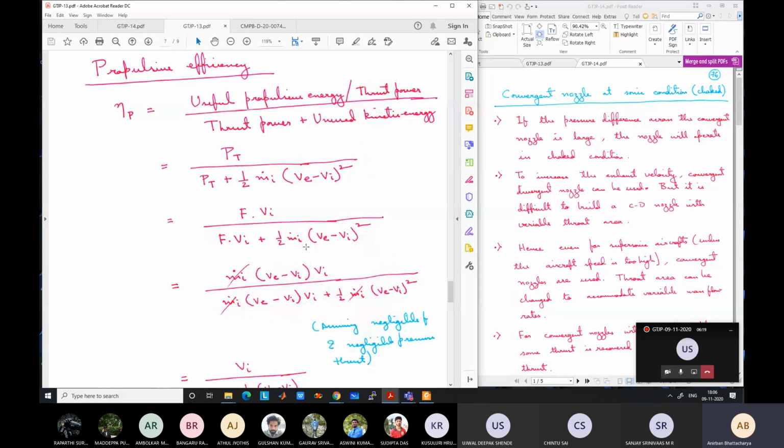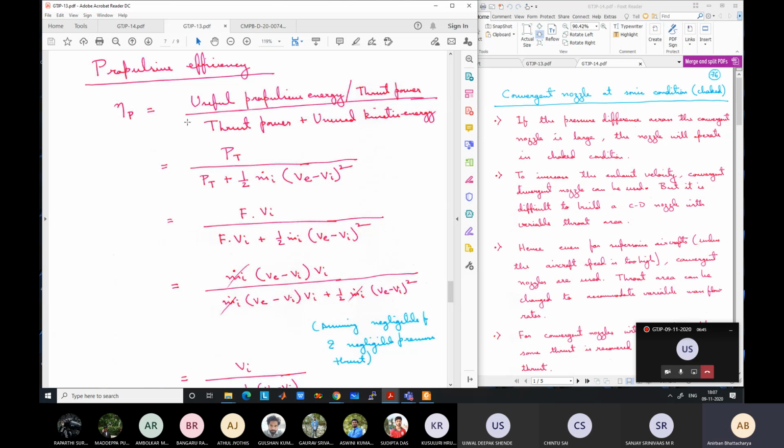So if I am standing on the ground, I can see that the exhaust gases leave with a velocity Ve minus Vi. So for that the kinetic energy is half m dot (Ve minus Vi) square. That kinetic energy from the absolute reference point is not used. That is the velocity of the gases that is just getting dissipated in the atmosphere. So that is lost.